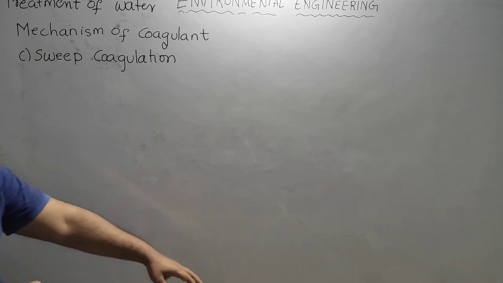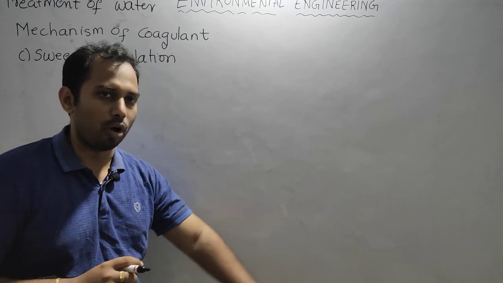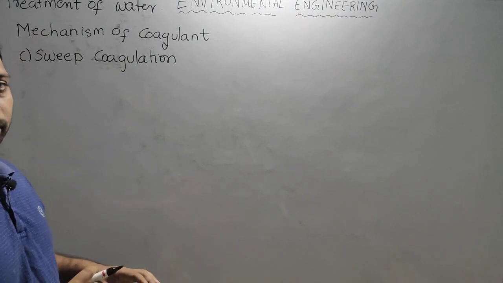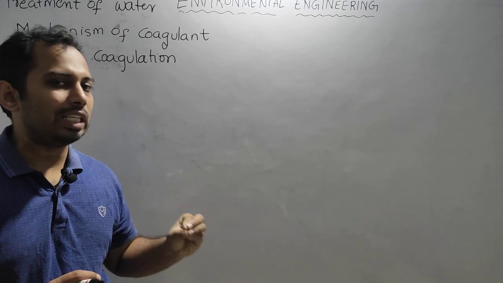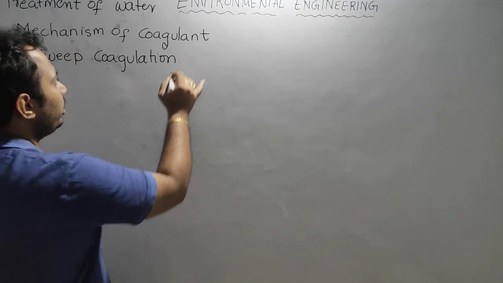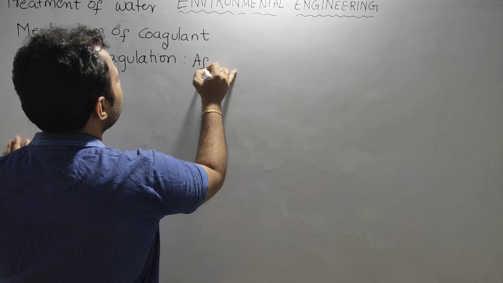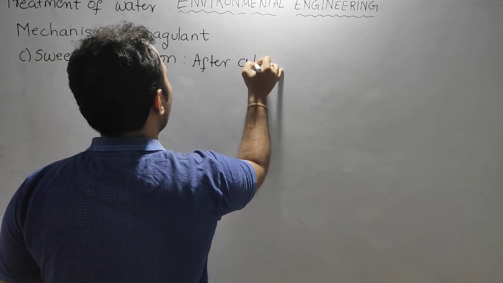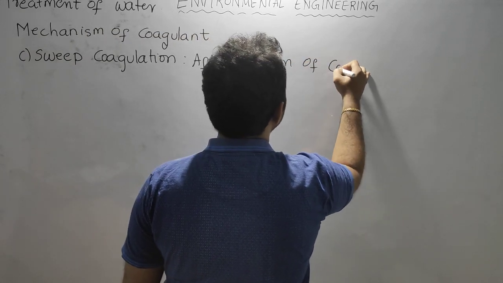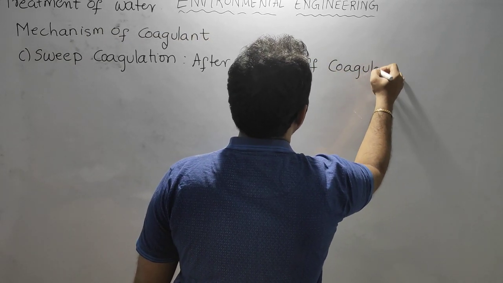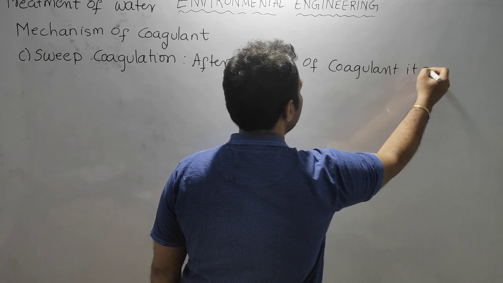In the previous one I showed a term called flock, Al(OH)3. This flock is an amorphous gelatinous precipitate. After addition of coagulant, it forms flock.